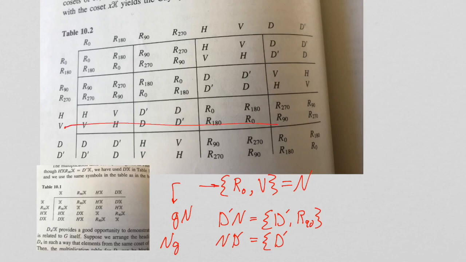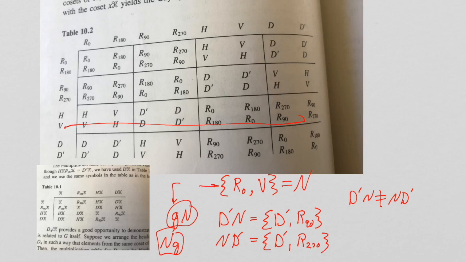So V D prime, and that's R270, right? So what's important to see here is that the left coset, D prime N, does not equal the right coset, N D prime. These are different objects. And that's why for non-commutative groups, it's really important to know whether you're talking about left cosets or right cosets. So I want to emphasize that.